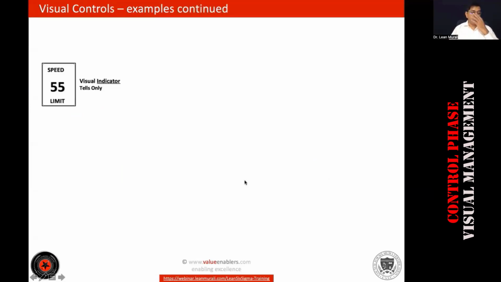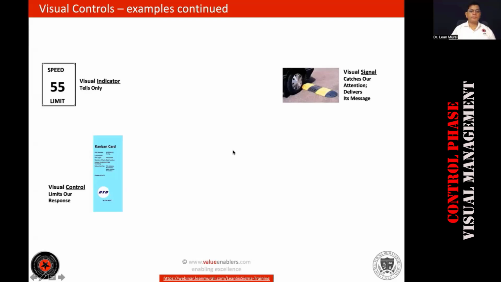Of course, speed. Visual controls, if you see here, a speed of 55 is also a sort of control to tell you to control your speed, right? And also this is a visual control to tell you, okay, go slow. And there's also the Kanban card, which limits your response. Kanban card, we will deal with in a separate subject.